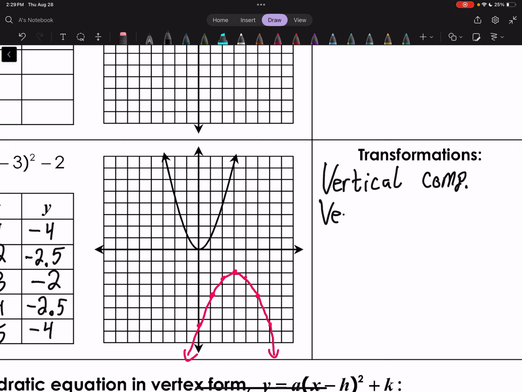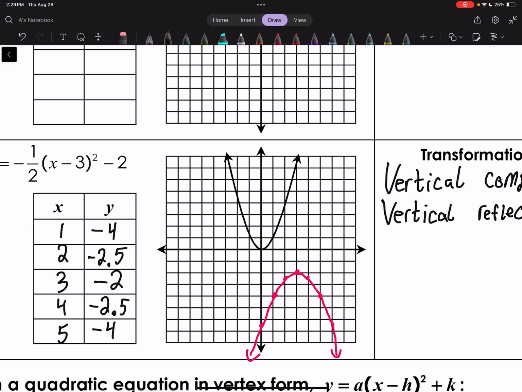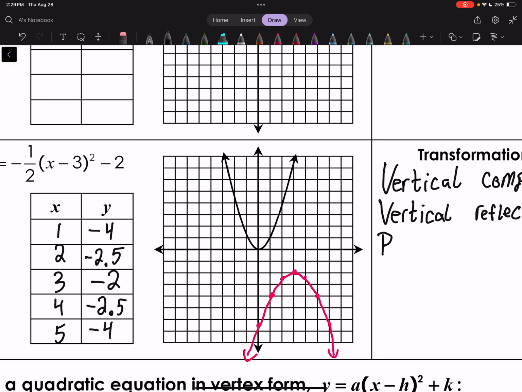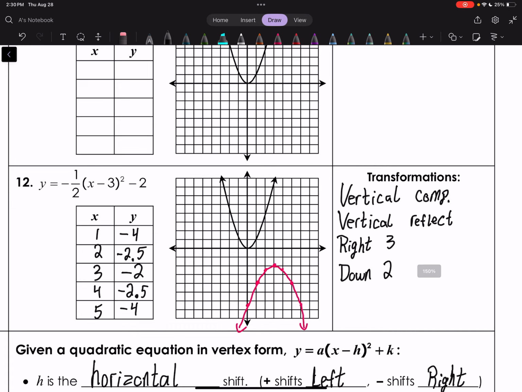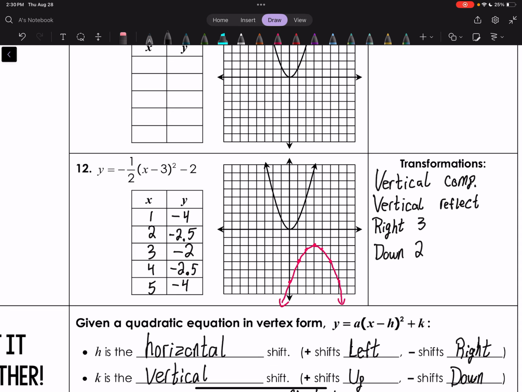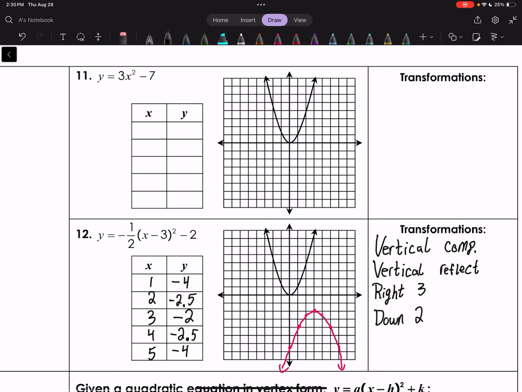I have a vertical reflection, or reflection over the x-axis. I'm moving it to the right 3 units. And I'm moving it down 2. That is all the transformations on that problem.